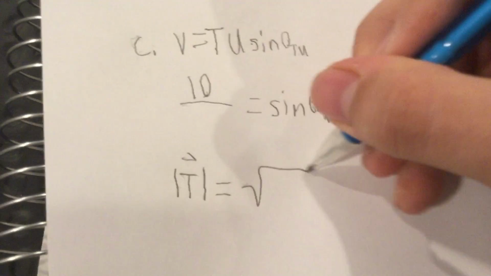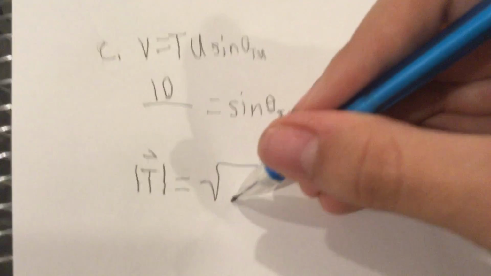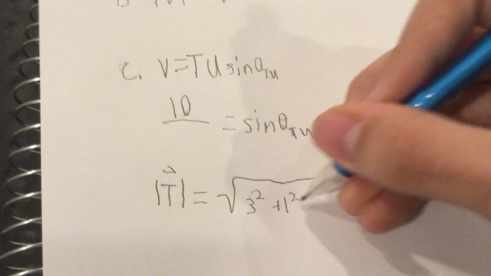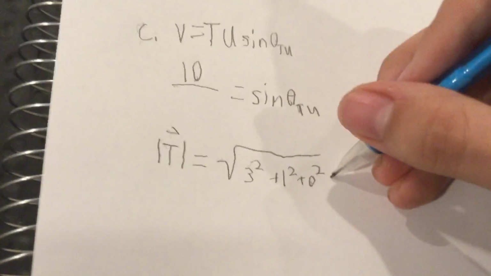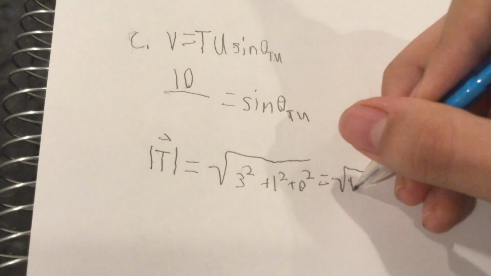We'll do the square root of the components of t. So it's 3 squared plus 1 squared plus 0 squared. That's going to equal root 10.